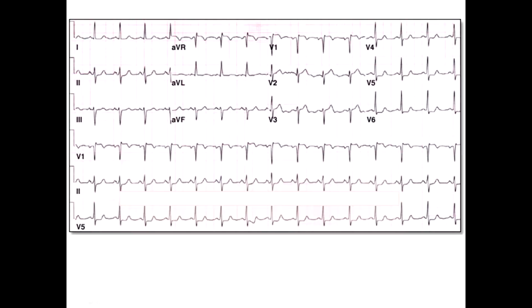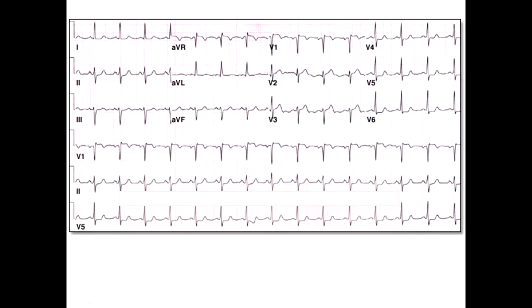That's not normal in lead 2, but it doesn't look like we have any ST segment elevation or depression here. AVF, again, we still have that RS, and our ST segment seems to be baseline. So I can't say much about the inferior wall as having ST depression because I only see it in lead 2. But I can say that the morphology of these QRS complexes in the inferior wall is telling me there's something wrong.